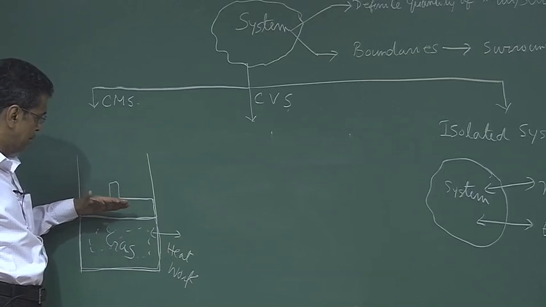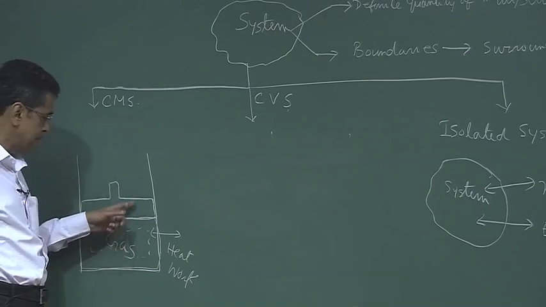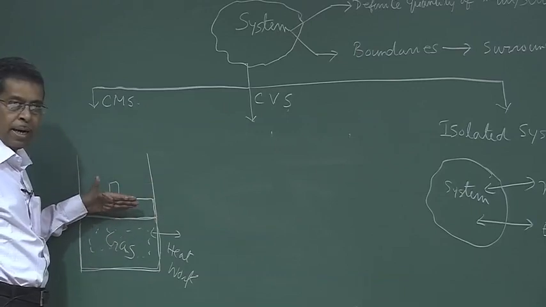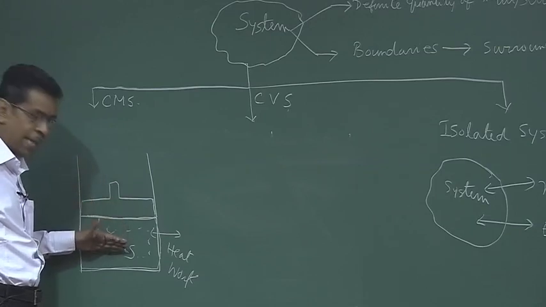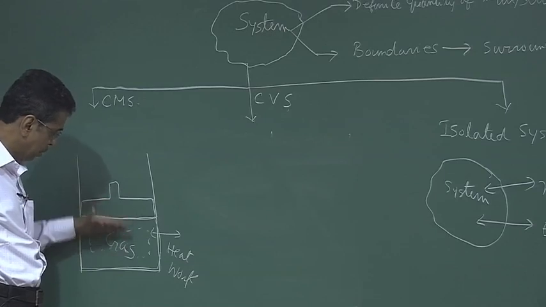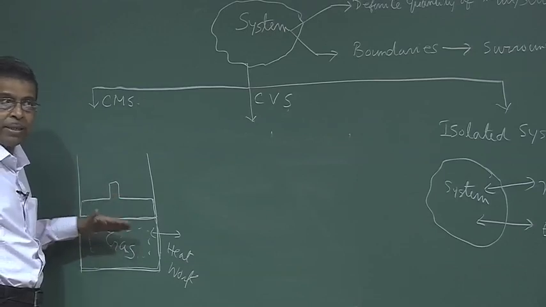This will not allow any mass transfer. When the piston goes out because of high pressure in the gas, the system delivers work to the surrounding. When the piston is pushed by an external cause, the gas will be compressed, the boundary will go inside the cylinder, and work will be done on the system.